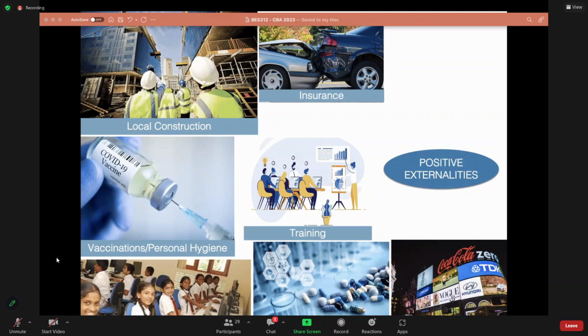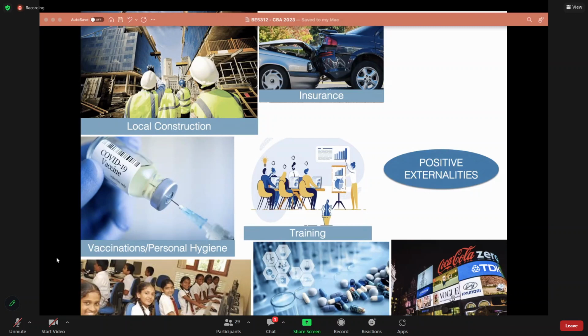Even things like advertising, what are the positive externalities? These big companies are advertising on places like YouTube or Twitter or Facebook. So what's the positive externality that we get? We get to use those technologies for free. YouTube and those things can stay free because of this advertising, isn't it?